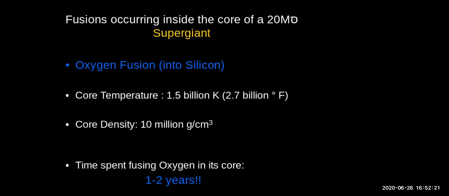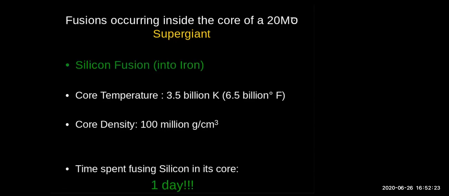And then this core collapses. The core gets hot enough for silicon to fuse into iron. And this goes on. Now look at this. This is ridiculous. 6.5 billion degrees Fahrenheit. The core density, 100 million grams per cubic centimeter.